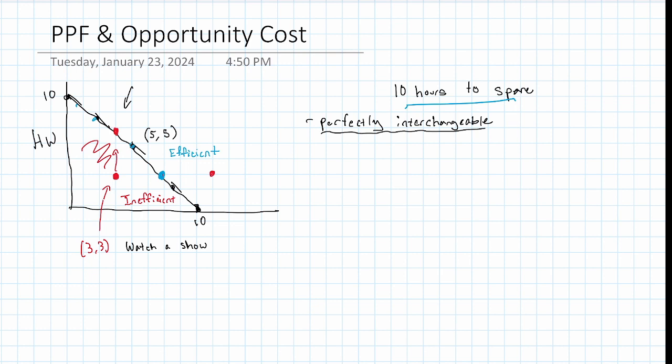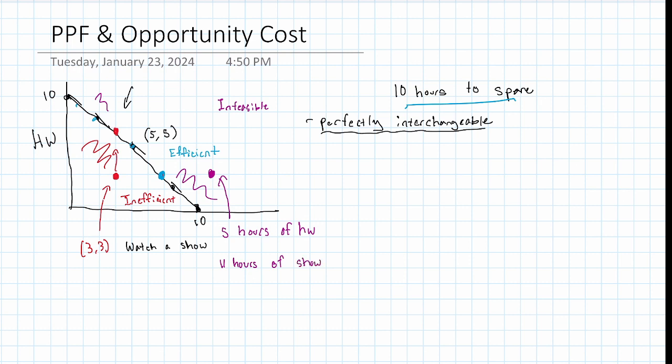And then finally, we have this last point, which is basically any point beyond the line, what we call infeasible. Okay, and the reason this is infeasible is because, say this is 5 hours of homework and 11 hours of show.